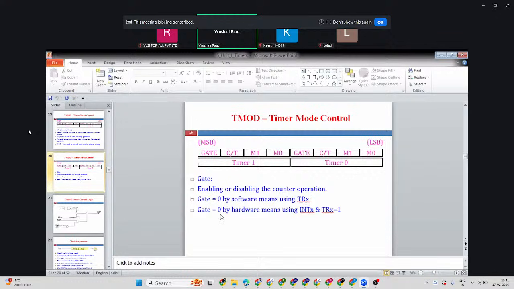And gate equals 1 means by hardware, using INT and TR. Gate equals 0 by software will work as a counter, as a timer. And gate equals 1 by hardware means we are using it as the counter. So that way the setting of gate is there. In this way we have checked all the bits of the TMOD register.